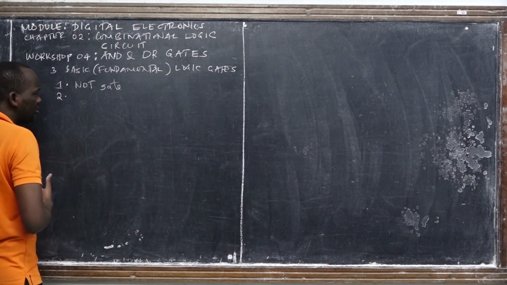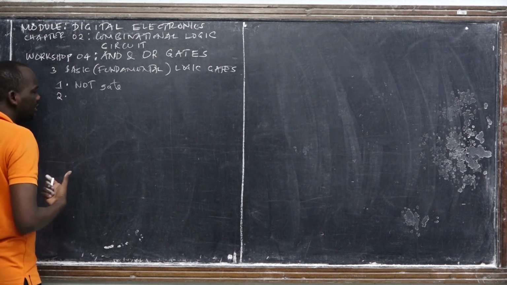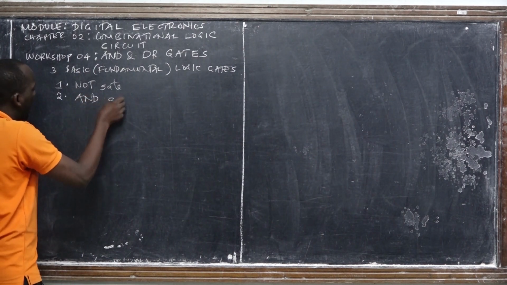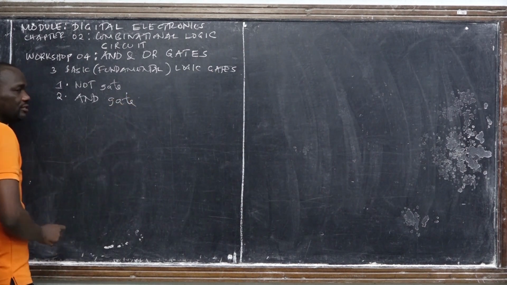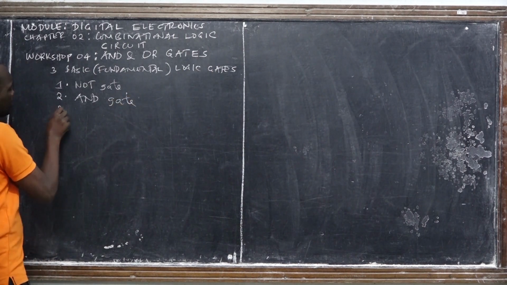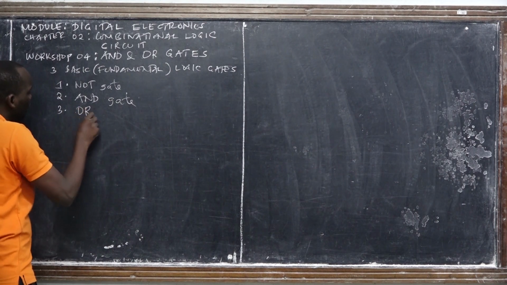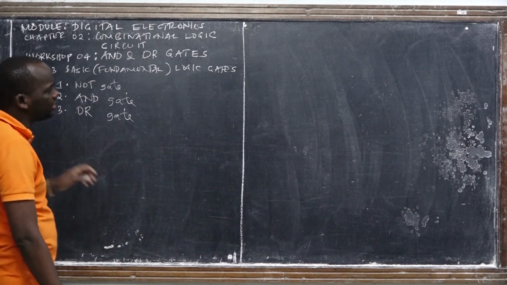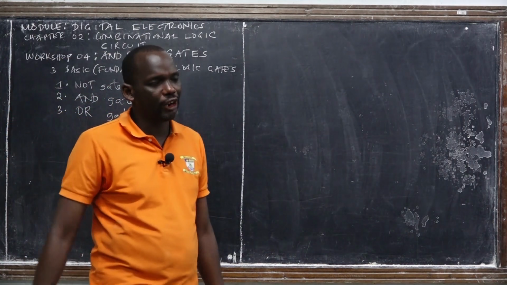Say NOT gate. The second one we call AND gate. Say AND gate. And the third one we call OR gate. So these are the 3 fundamental or basic logic gates that we have in digital electronics.